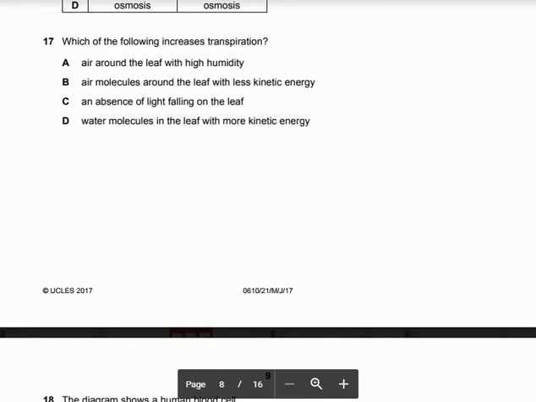Question number 17. Which of the following increases transpiration? As I said, A, B, C are wrong, because it's common sense, like air around the leaf with high humidity. If your atmosphere is really humid, for example, I live in India, and it's pretty humid here during rainy seasons.